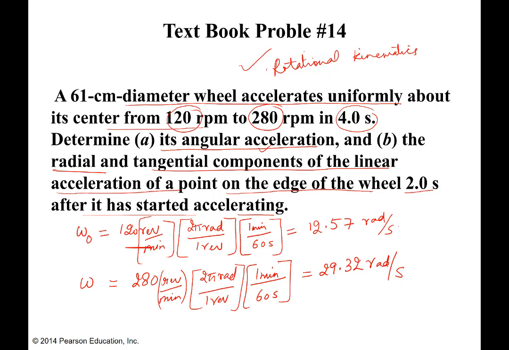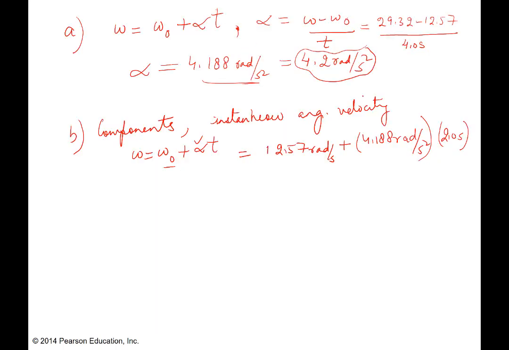If you look at what part B is asking, it's asking what is the radial and tangential component of linear acceleration of a point on the edge of the wheel 2.0 seconds after it has started accelerating. So the angular velocity at that time will be different. That's why we were forced to find out what the angular velocity is at 2 seconds. When we work on this number, we get the instantaneous value as 20.95 radians per second. Leave it like that, don't approximate it.